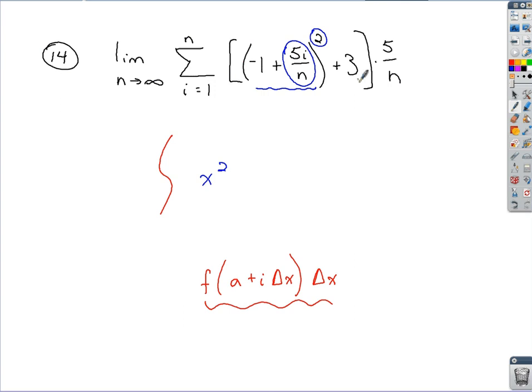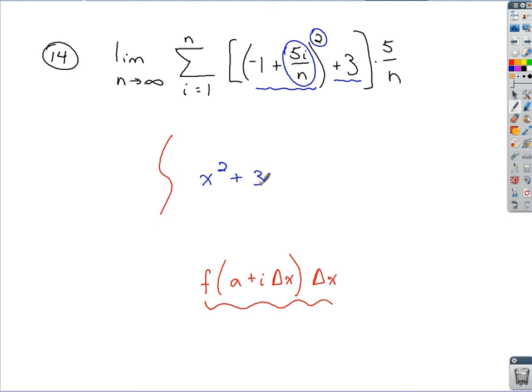And then we added on this 3 to complete the function. So you locate the i over n stuff. That gives you the x to start with. Then anything else that's applied to that x, the squared in this case, the plus 3 in this case, that makes up the rest of the function.